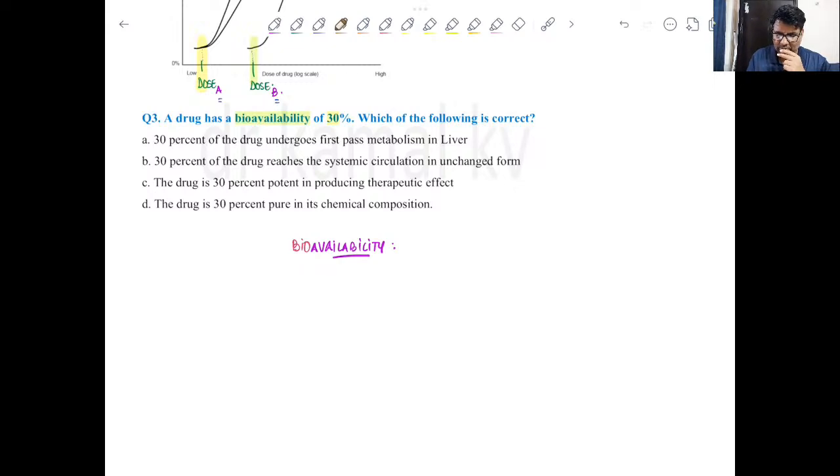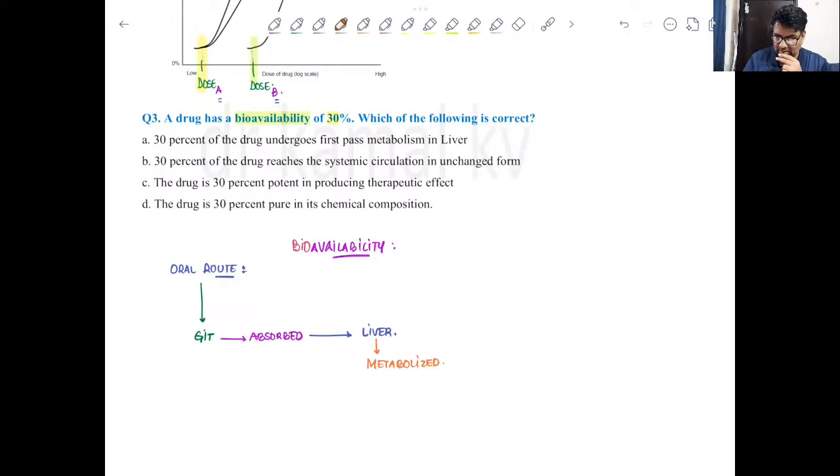Suppose we are giving the drug by the oral route. It will go to the GIT, and from the GIT it will be absorbed, and after absorption it will go to the liver. Now we know that the liver is the site of metabolism, so some amount of drug will be metabolized here, right?